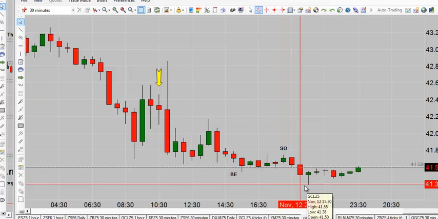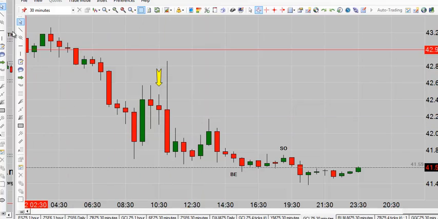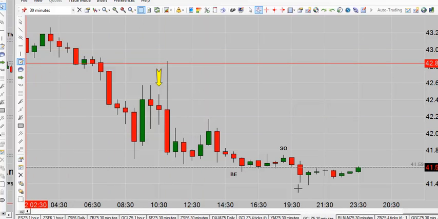And then we trigger again, and we put in a swing low of 41.38. So 59 minus 38 equals 21 ticks, or $210 per contract.